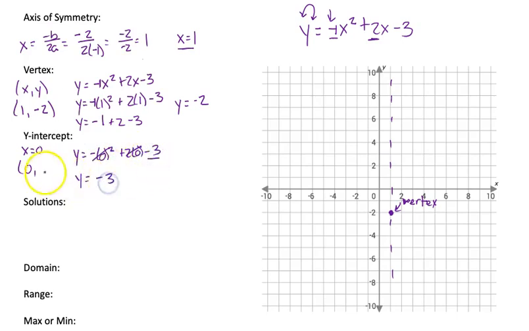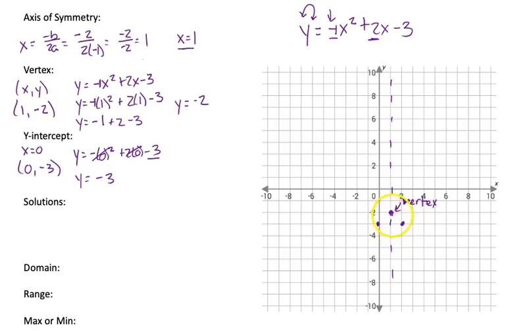So y equals negative 3. So 0, negative 3. Let's go put this on our graph. 0, negative 3 goes here. I'm going to mirror that over to here because I know that it's symmetric. And I could make a little line here, right? It would be helpful if I had some additional points to see how far it goes out.